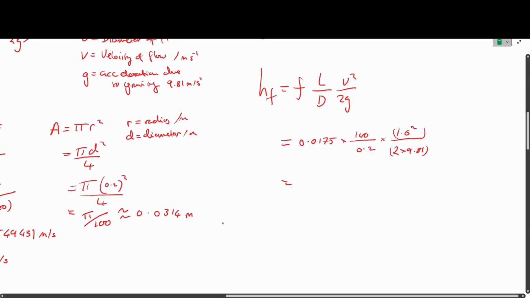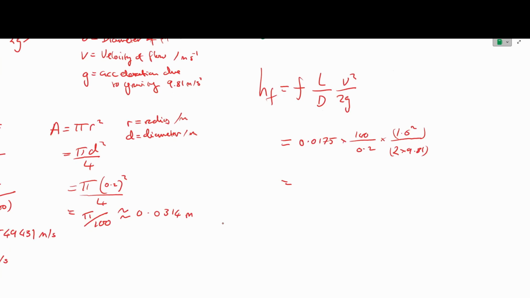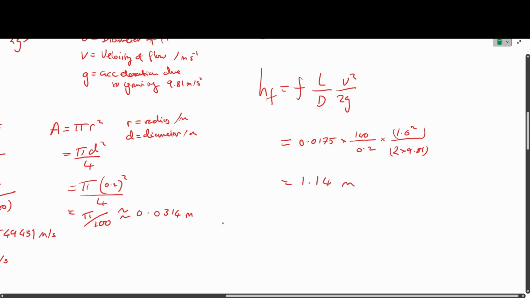So putting all those values together, 1.6 squared divided by 2 times 9.81, times 100 divided by 0.2, times 0.0175, gives us 1.14 meters of head loss across the length of the pipe.